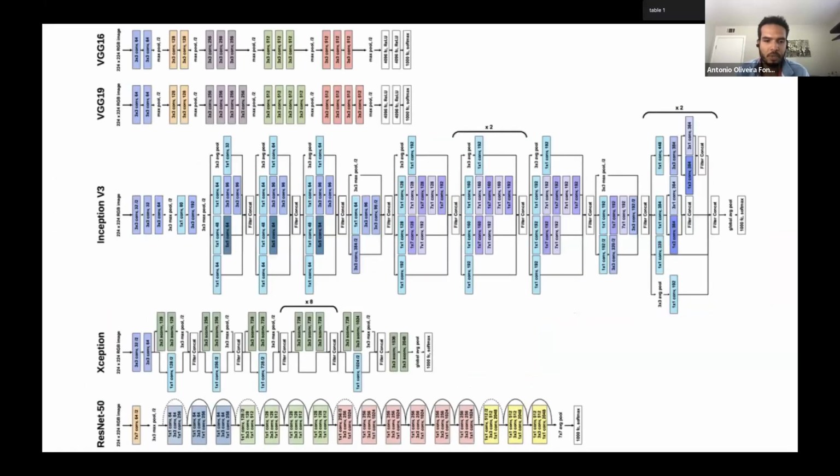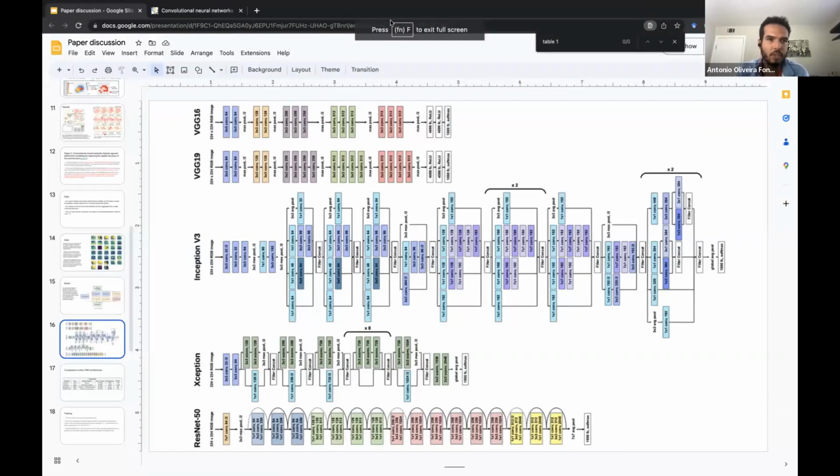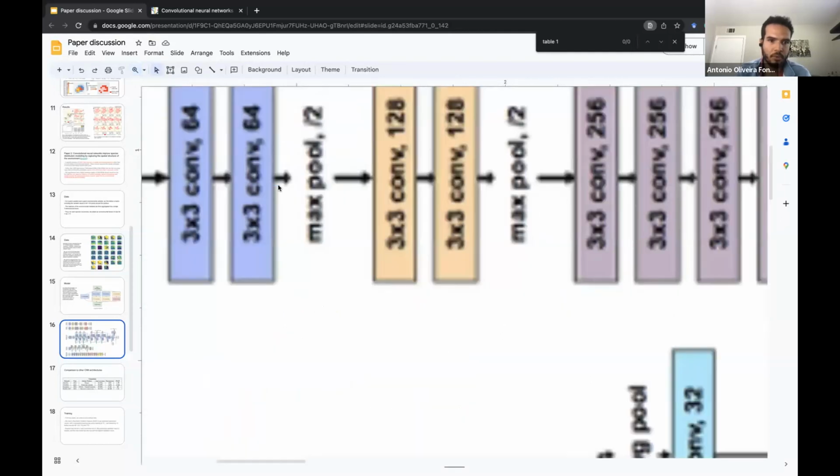Now with respect to sizes, maybe I can step out a little bit here so we can zoom in. Let me zoom in here. So probably this is the network that we have discussed the most.